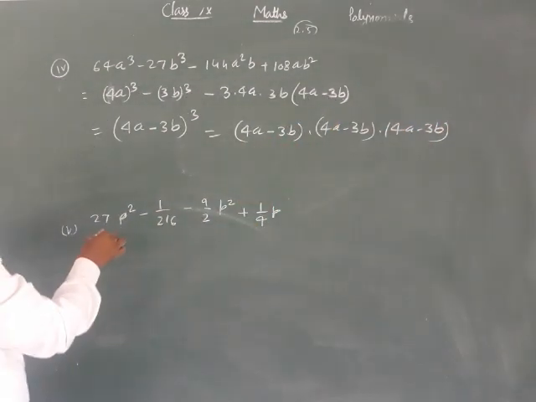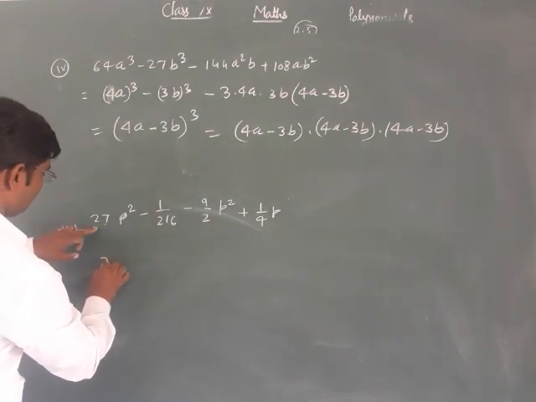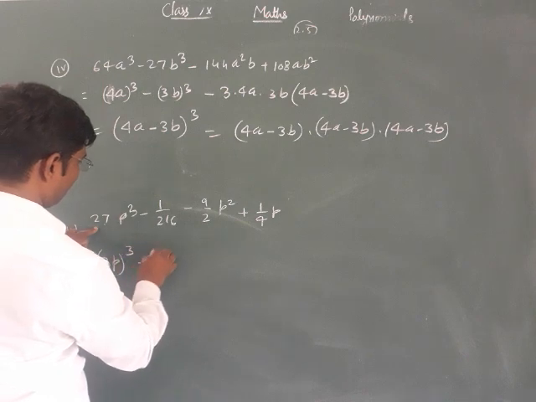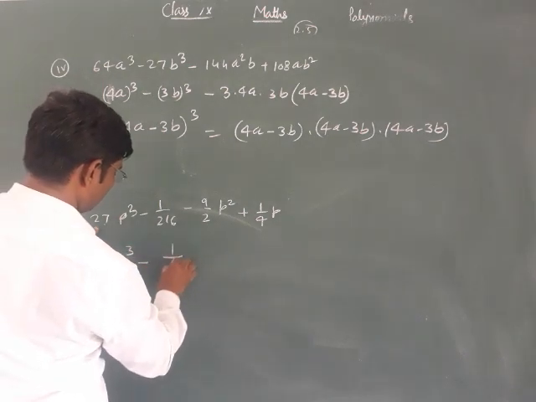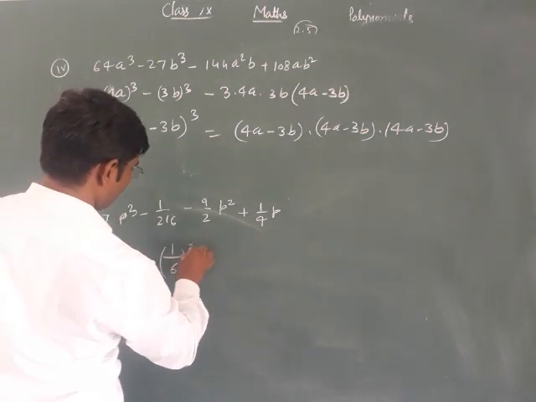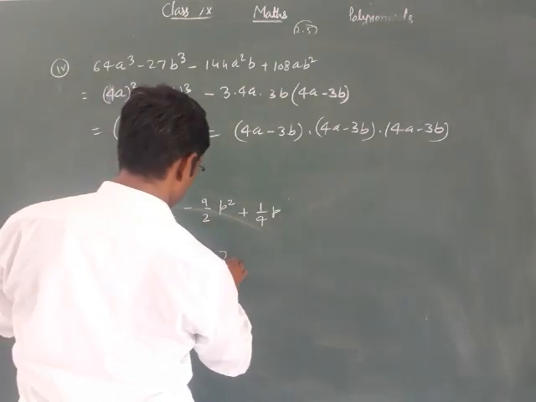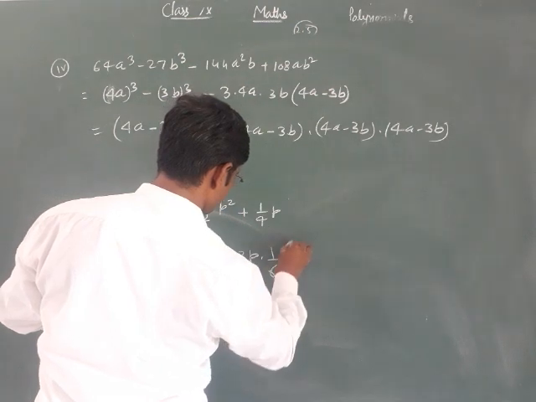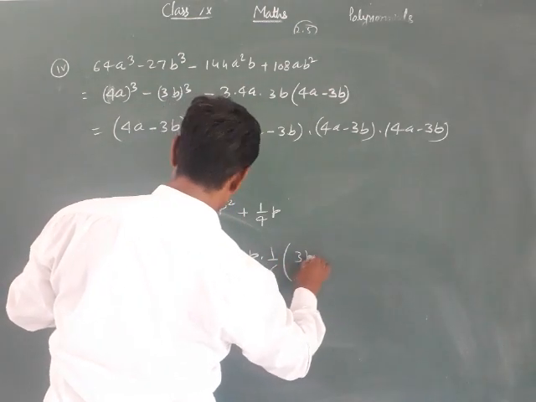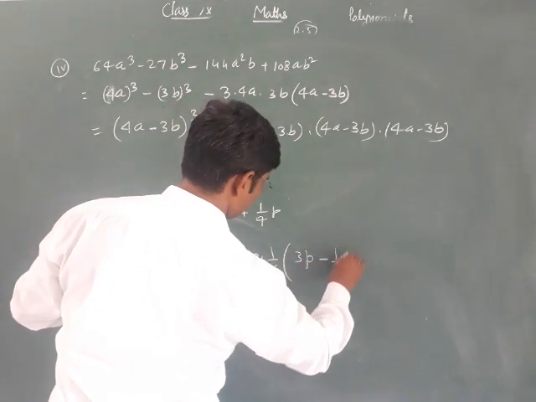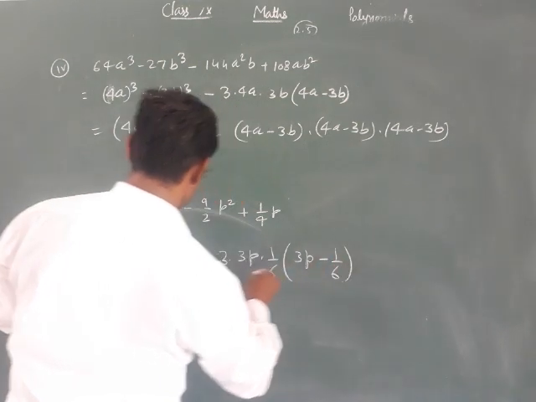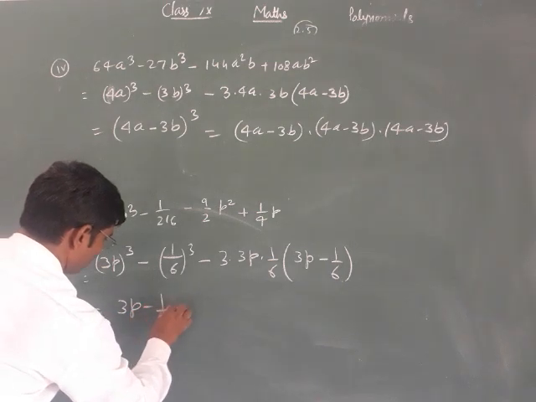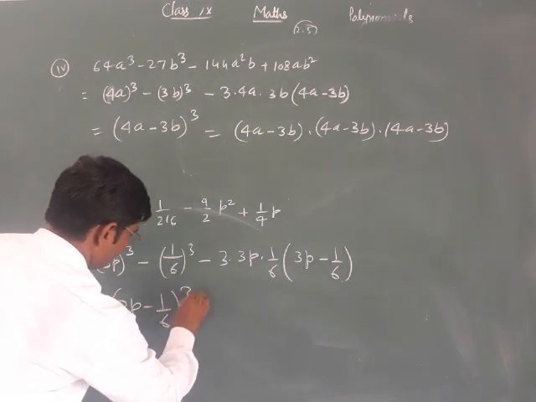Also use this: (3p) whole cube minus (1 upon 6) whole cube minus 3 times 3p into 1 upon 6 in bracket (3p minus 1 upon 6). So you can write (3p minus 1 by 6) whole cube.